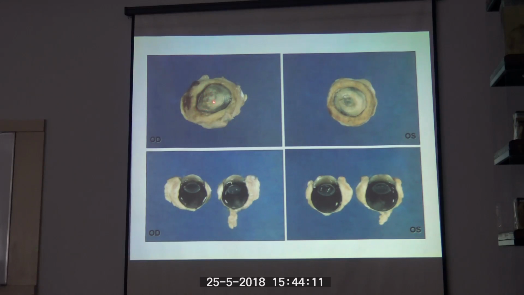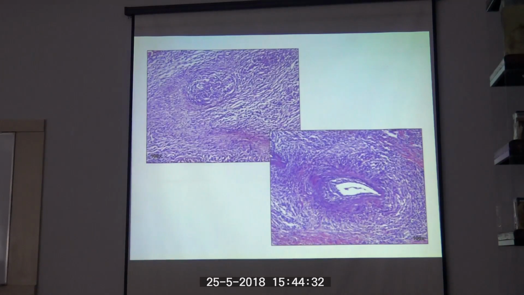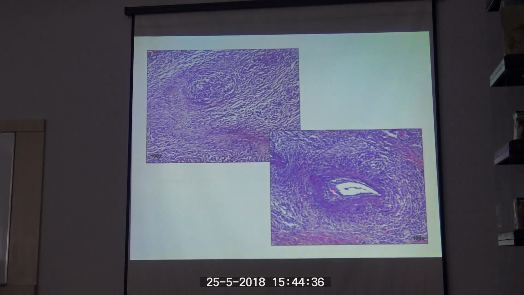We have now the fixed globes with the very opaque cornea, and then this very thickened sclera that you can see is not just thickened on the anterior aspect, but that ended up extending more or less up to the posterior aspect bilaterally. This histologically was characterized by granulomatous inflammation that has the added characteristic of being very much centered on vessels.